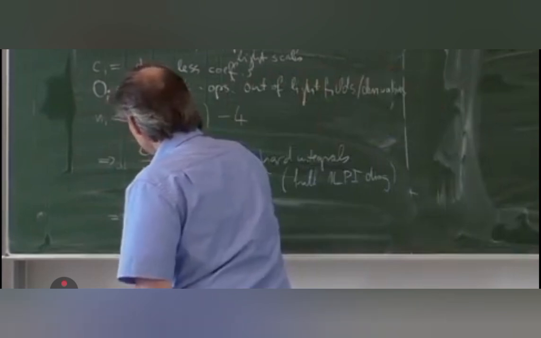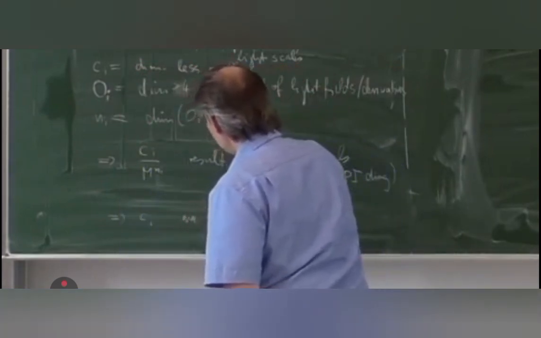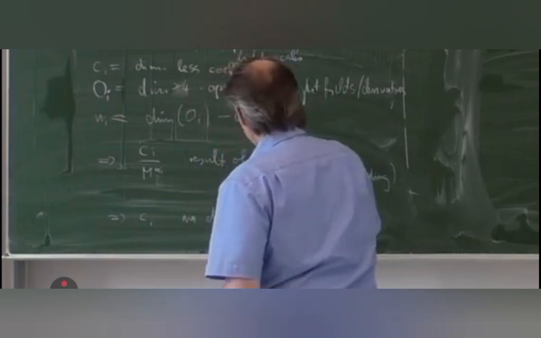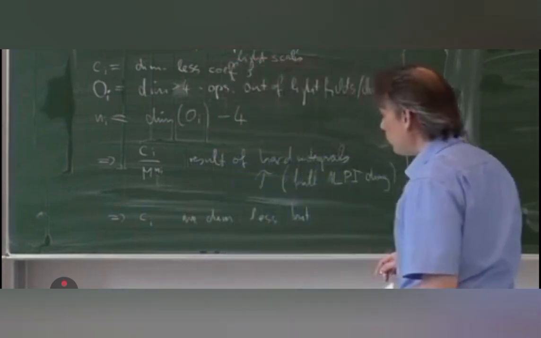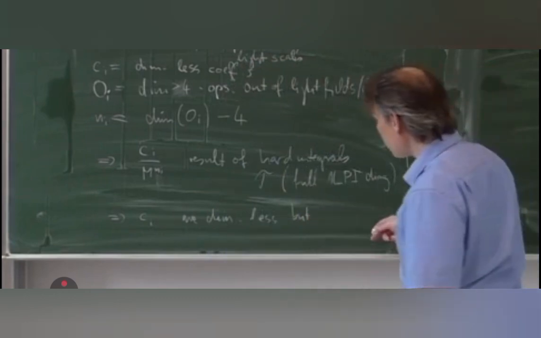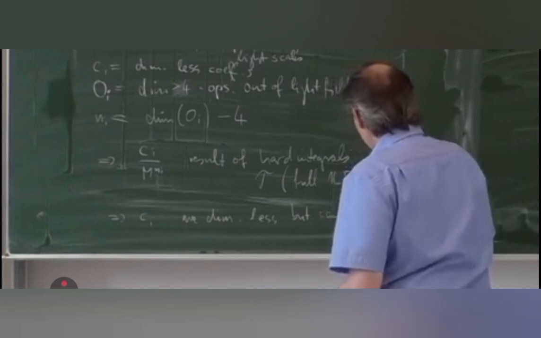So, just to be clear, the Ci are dimensionless. But we have seen in the examples that they can be divergent, of course, as we said before, but they can also contain logarithms.